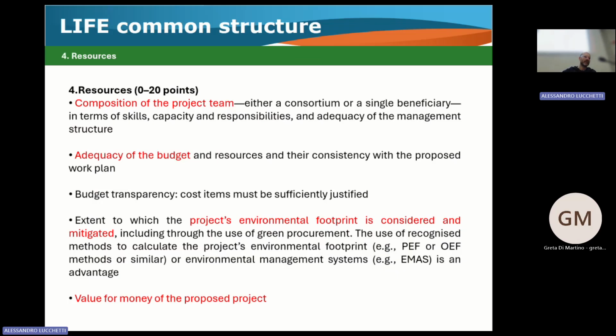There is a way to write this part, but it's a kind of checklist, and you have to be sure that you include in the proposal every single part that can provide you a point. Finally, the value for money, which is, okay, I'm doing these activities, which is the most economic that is possible.